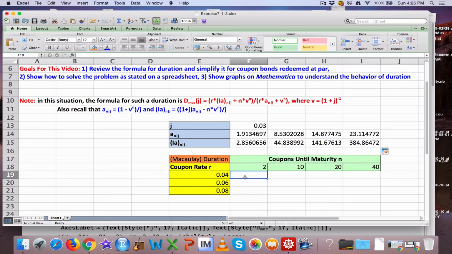Thinking strategically here, I'm going to put the formula here in cell F19, and first I'm going to copy and paste downward. So I want the right things to go in these cells based on our changing. And then I'm going to take that entire column and copy and paste it to the right. And I want all the right numbers here, okay?